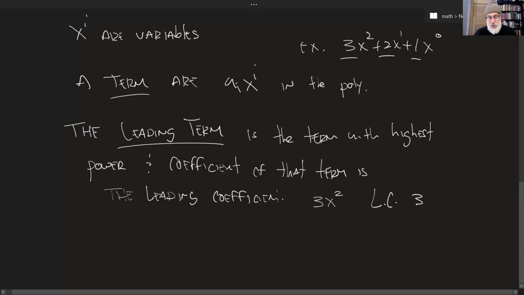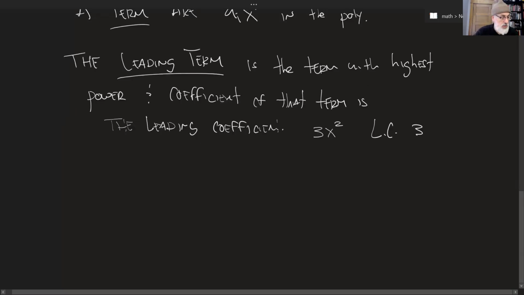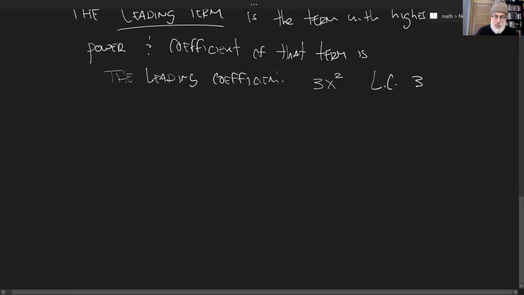So the first thing we can do is identify some polynomials, and that will lead us to our first example. 3x cubed, let's say, 2x squared plus x plus 4.